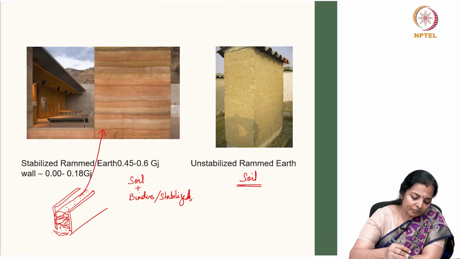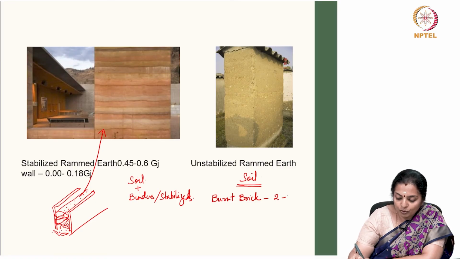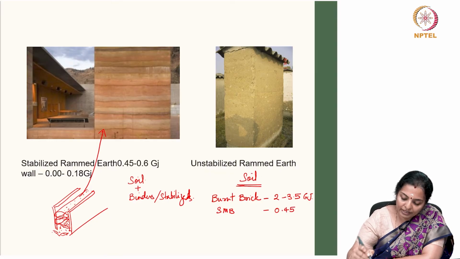If you compare, burnt brick, as we saw in the last slide, has embodied energy of 2 to 3.5 gigajoules, whereas stabilized mud block has 0.45 to 0.56.